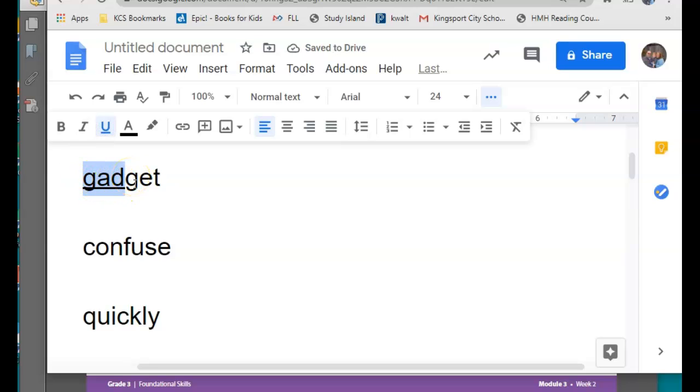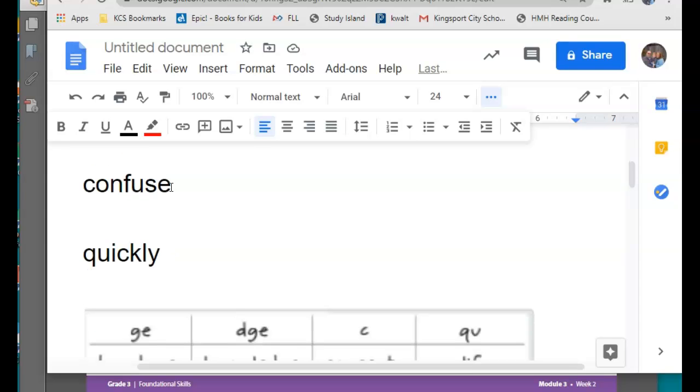And I know that we've been working with the G making the j sound. So gadget did not make sense as I sounded this out. So then I put into place my j sound, that soft G sound, and I had gadget. When you think about the word gadget, that definitely makes more sense, doesn't it? Do you see how breaking that apart helped us not only to use our sounds that we're working with this week, but helped us to solve that unknown word?